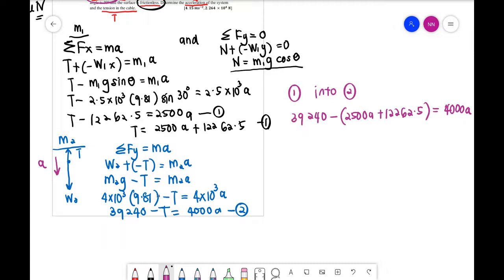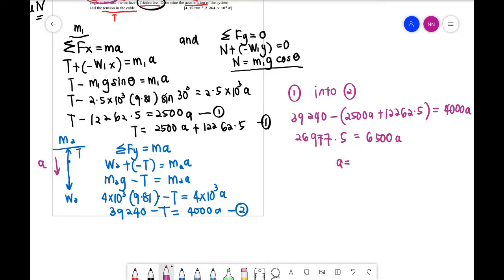Moving 12262.5 across, 39240 minus 12262.5 equals 26977.5, which equals 4000A plus 2500A. So it is 6500A.